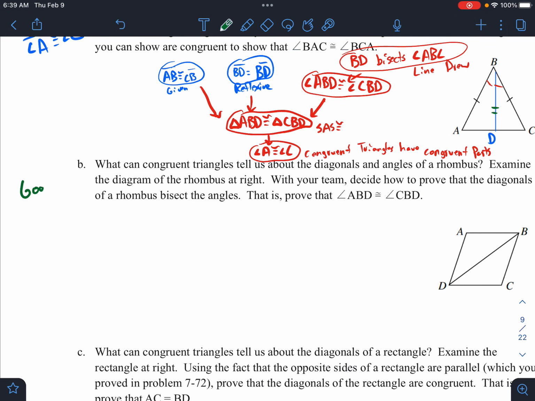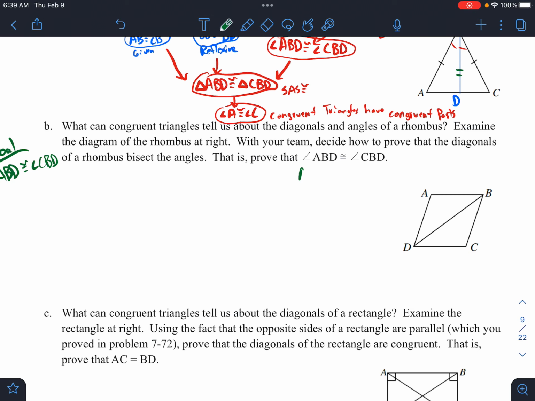Again, it might be helpful to write our goal. Our goal is we want angle ABD to be congruent to angle CBD. Okay? So, we know that ABCD is a rhombus. This is given to us.